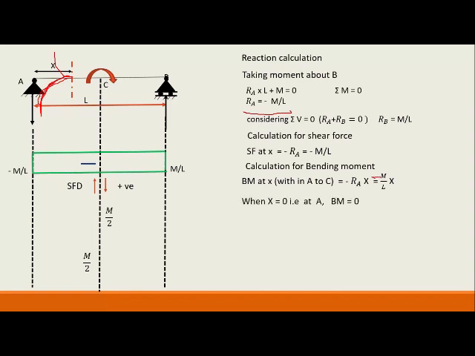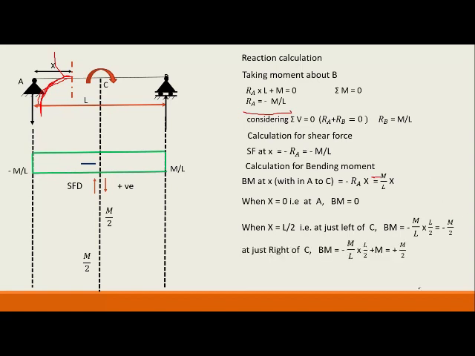At x equals to 0, BM is equals to 0. At just left of the cross section C, that is at L by 2, BM is minus M by L into L by 2, that is minus M by 2.